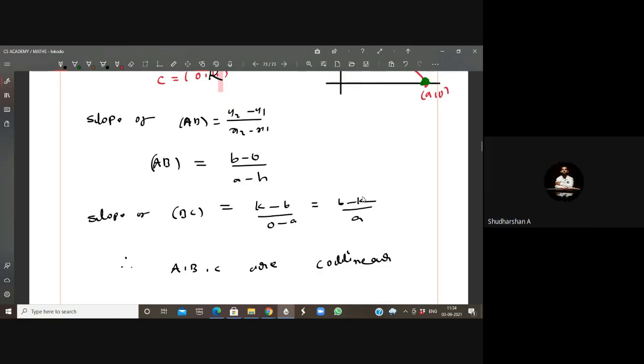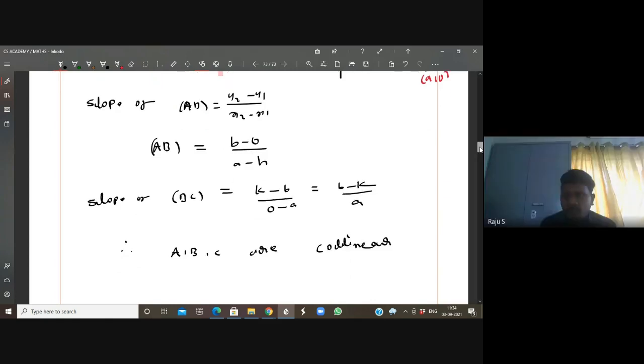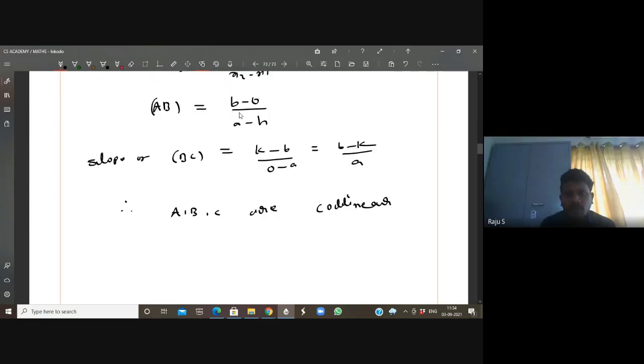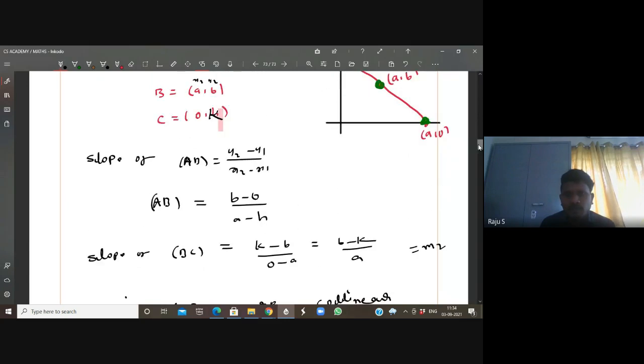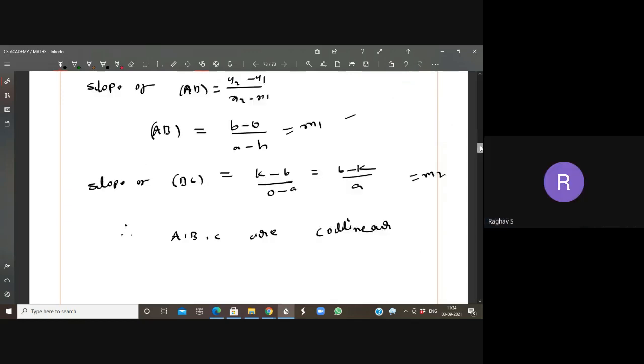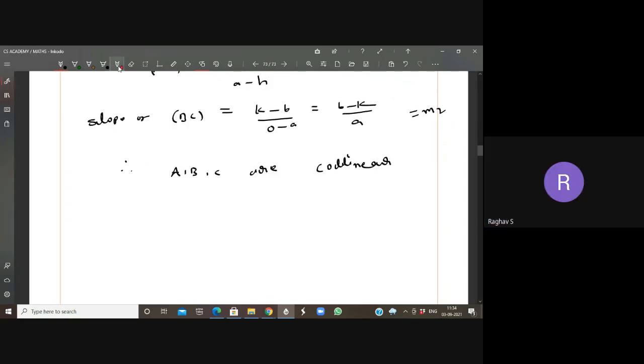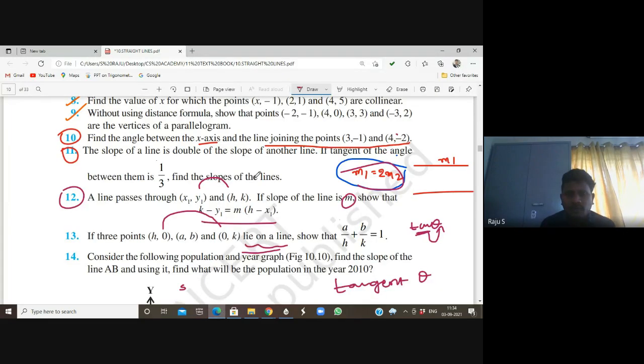Okay, sir. Now, since collinear, the slope of AB is M2, and the slope of BC, let us take this as M1. Sir, it is already given as coordinates only, I think. They have given that they lie on the same line.